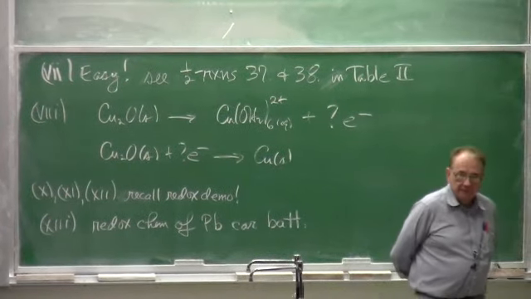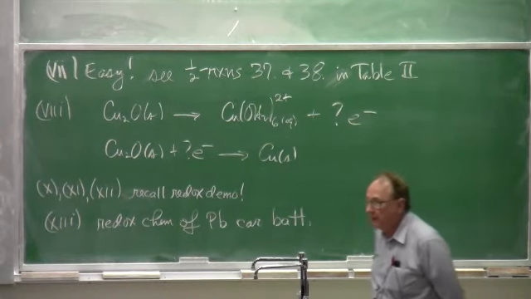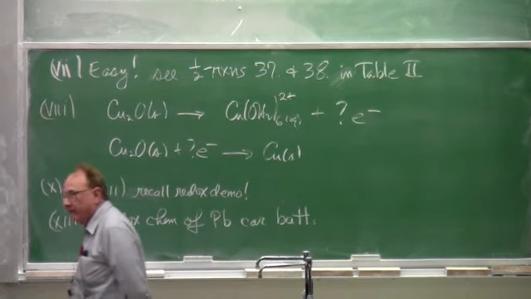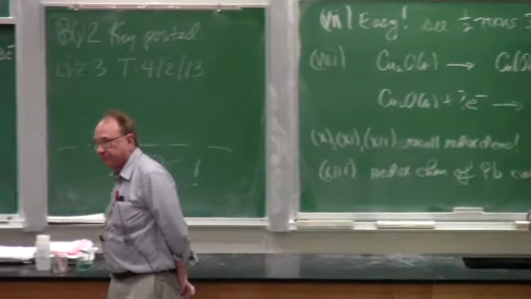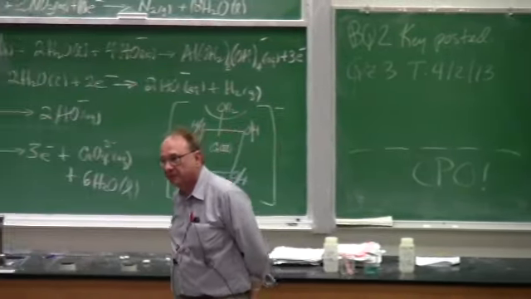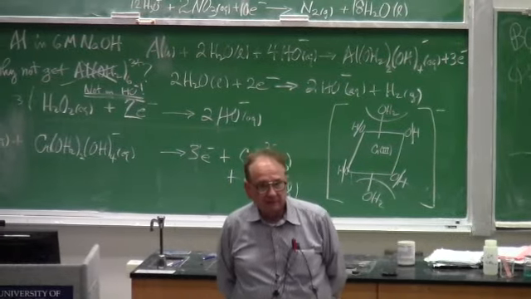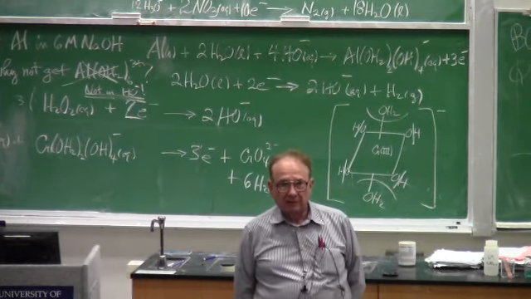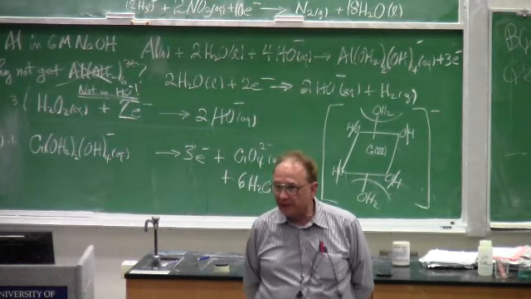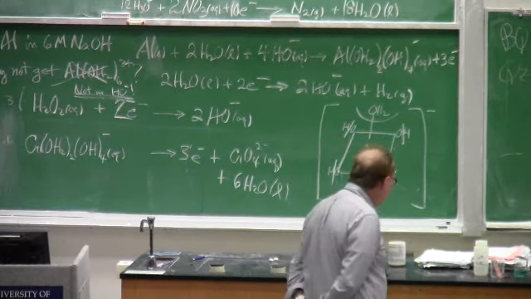Another part of question 2250, which students often stumble on, and I don't know why. So I'm directing your attention for part 7 to look at table 2. Specifically, table 2, half reactions 37 and 38, if my notes are correct.